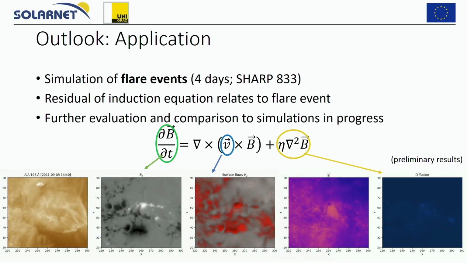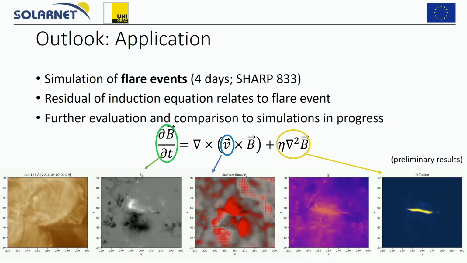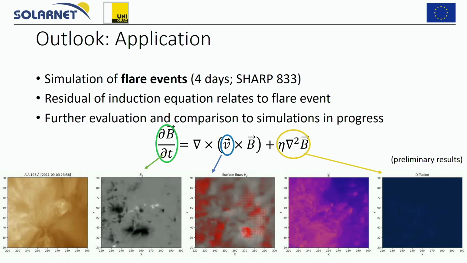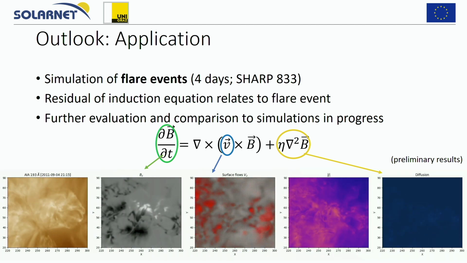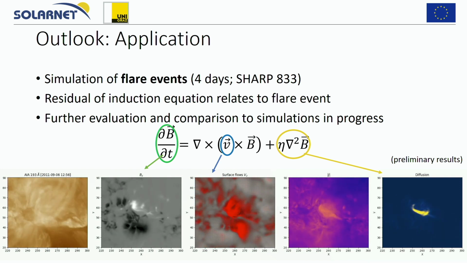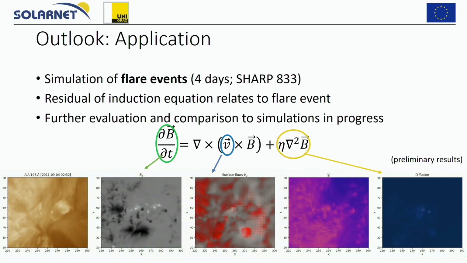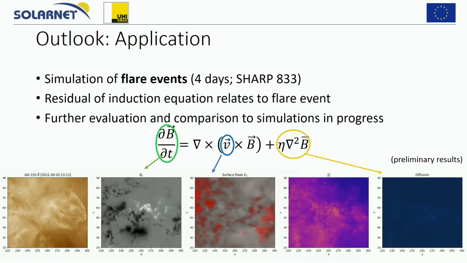So when we compare this to the observations in EUV, we can see when this flare event happens here on the left-hand side. Let's restart the video. If you look at this, you can see this sudden brightness increase, and then correspondingly, we also get here a large residual term from our induction equation.